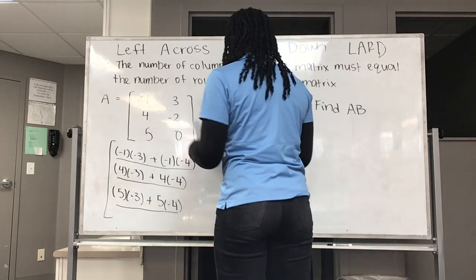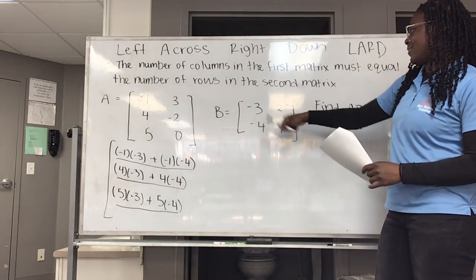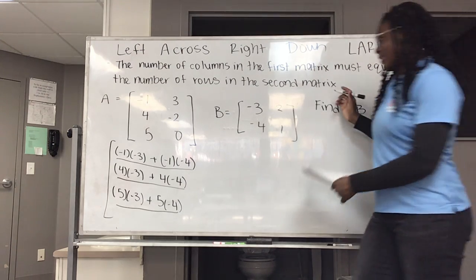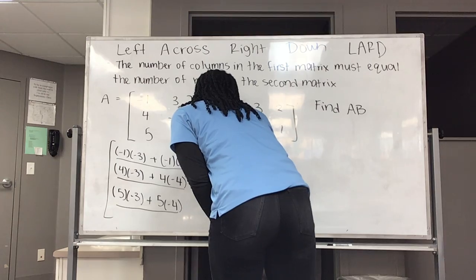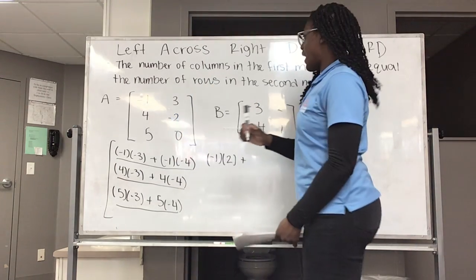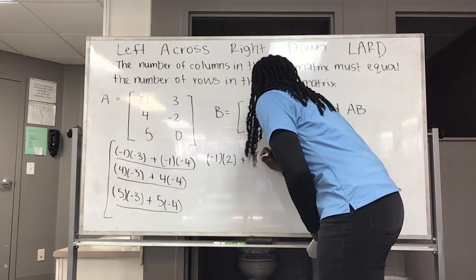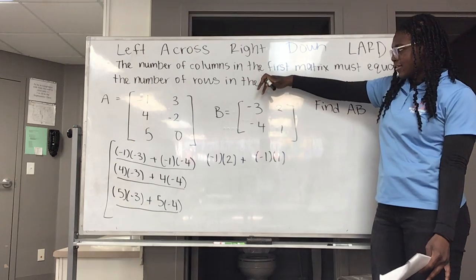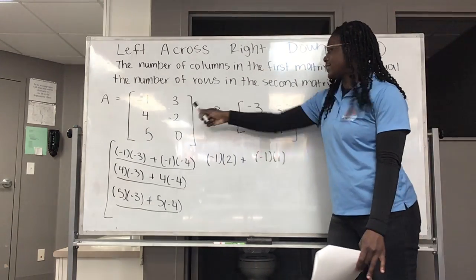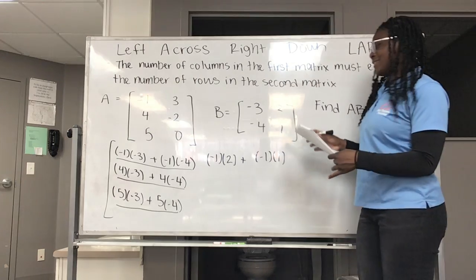Oh, sorry. Oh, wait, no, not 3 times 2. I'm going to do negative 1 times 2. So when I do the right ones, I'm going downwards. And I'm going to add it to negative 1 times 1. So when I did the left column on here, I went across, and when I'm doing the right column, I go down, if that makes sense.